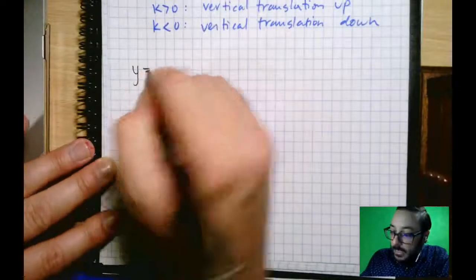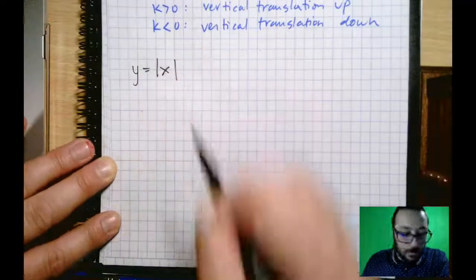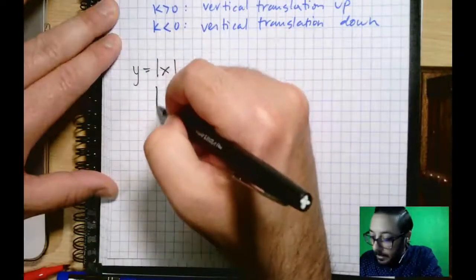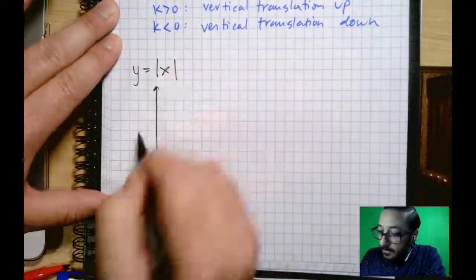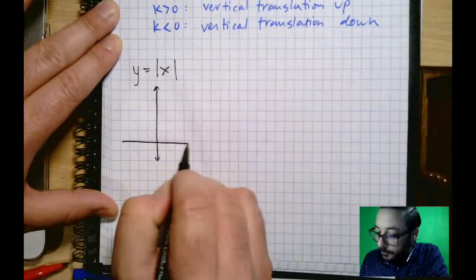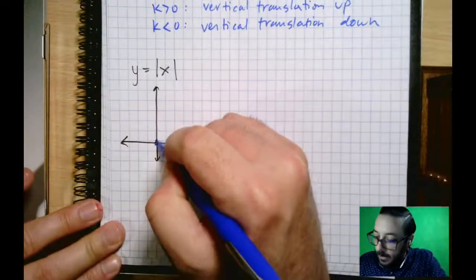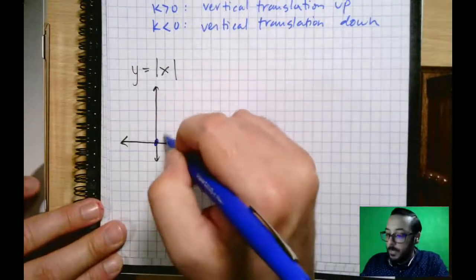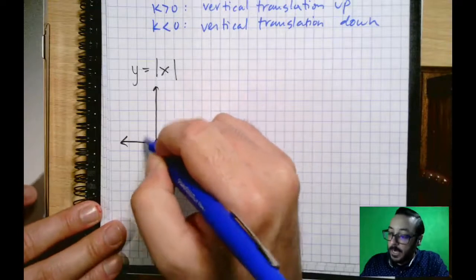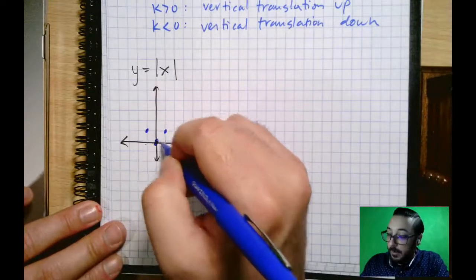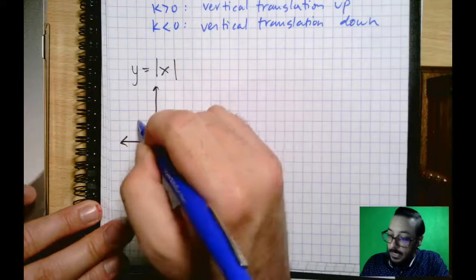Alright, here we go. Our basic parent function, y equals the absolute value of x. If I plug in 0, I get 0. If I plug in 1, I get 1. If I plug in negative 1, I get 1. If I plug in 2, I get 2. If I plug in negative 2, I get 2.